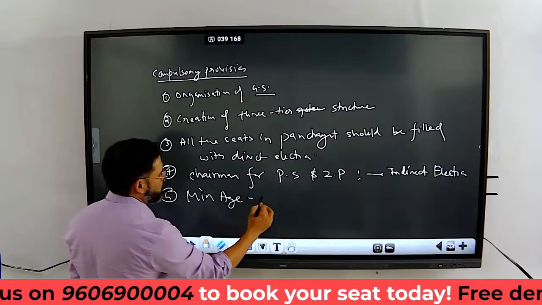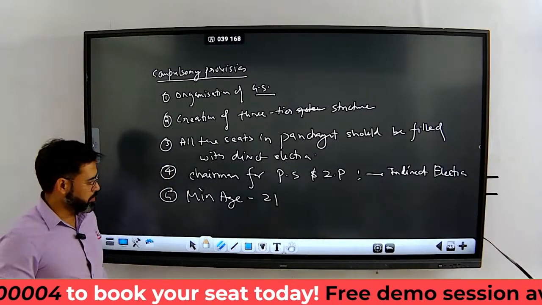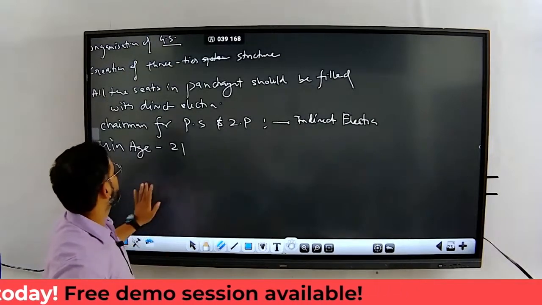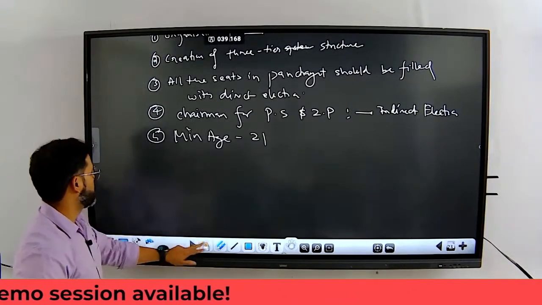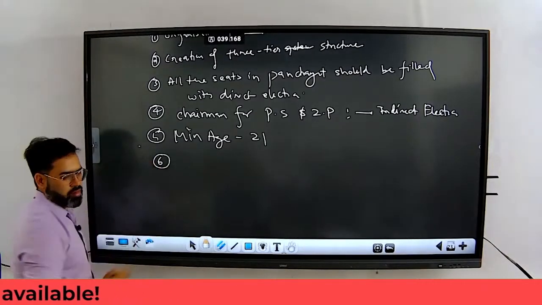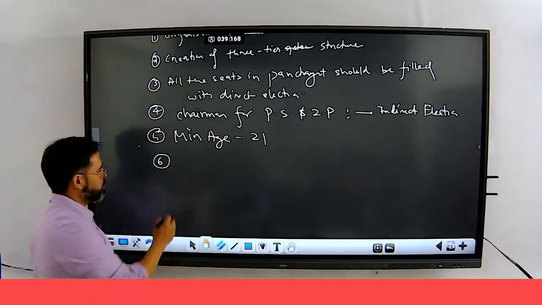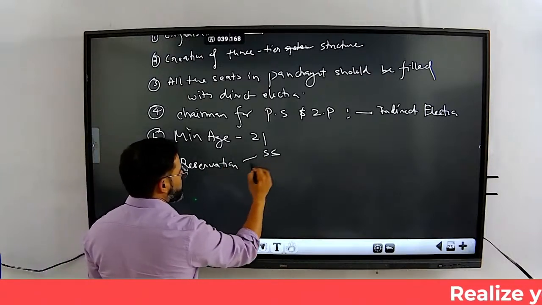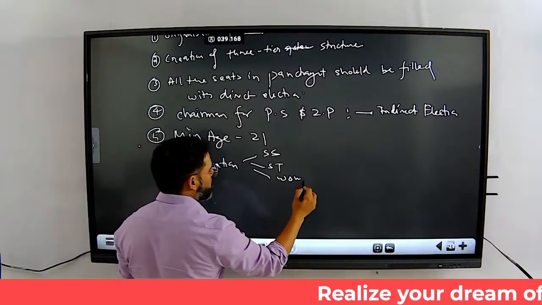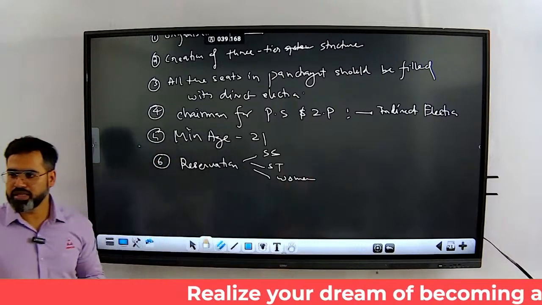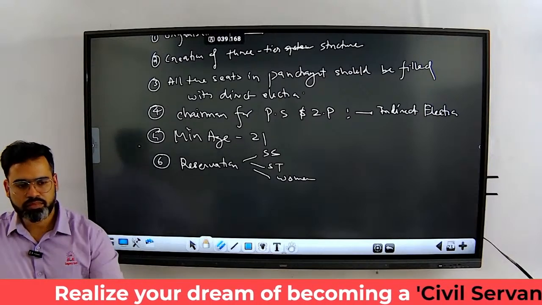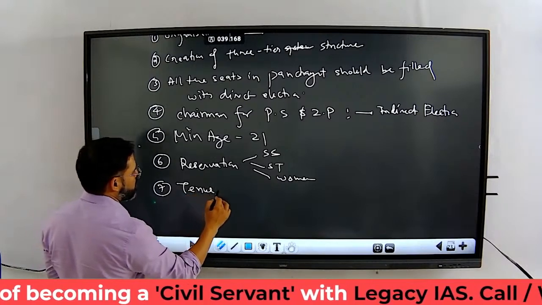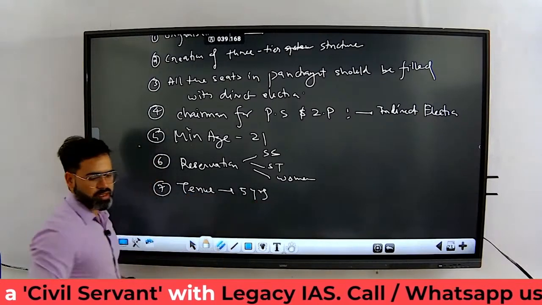Minimum age 21, compulsory everywhere. Reservation for SC, ST and women is also compulsory for every state. Tenure 5 years, compulsory.